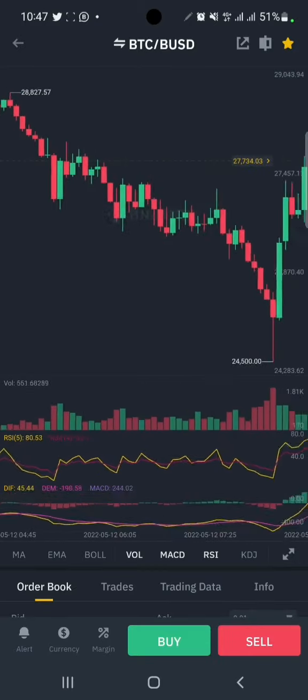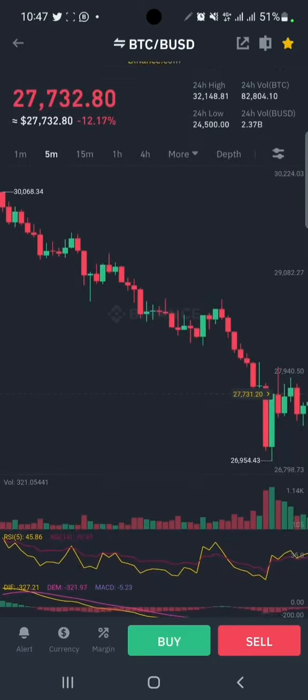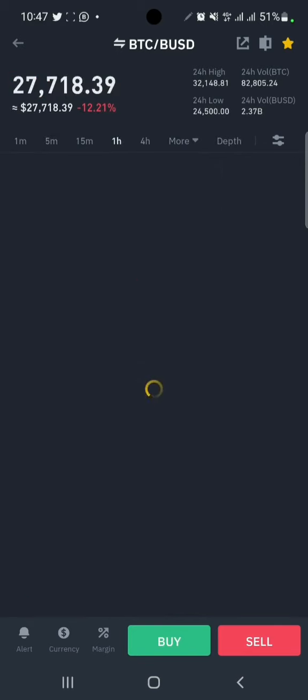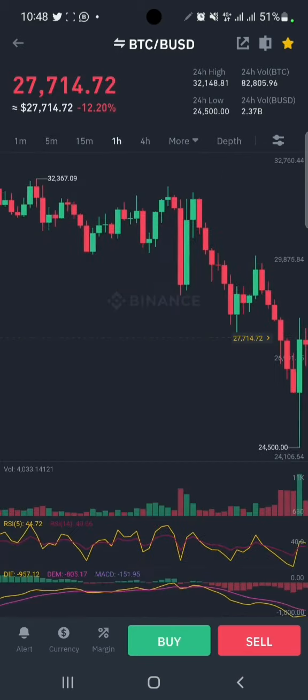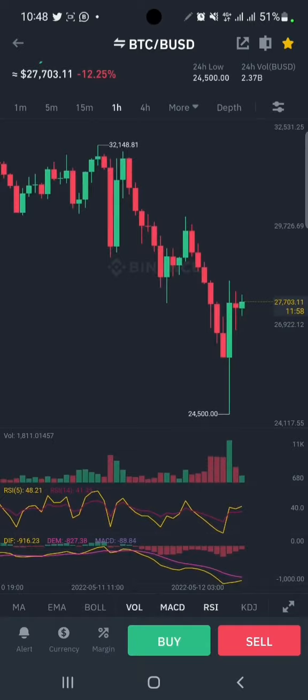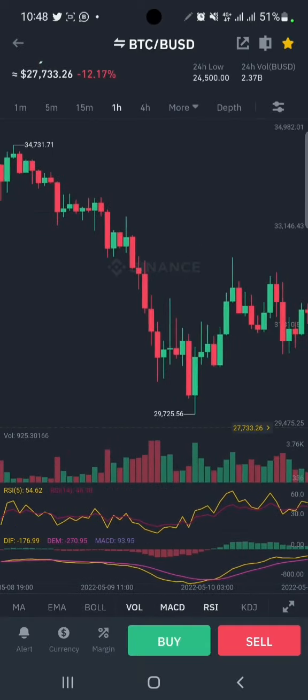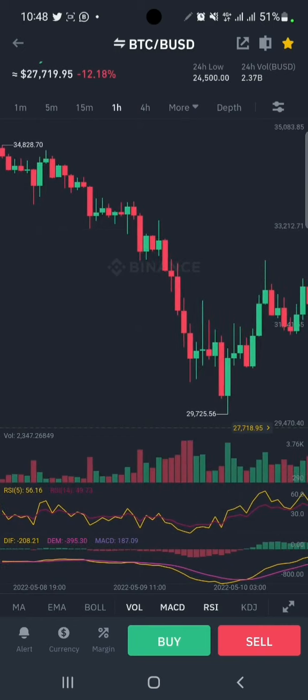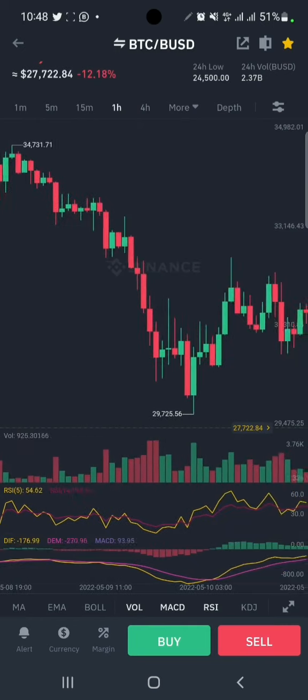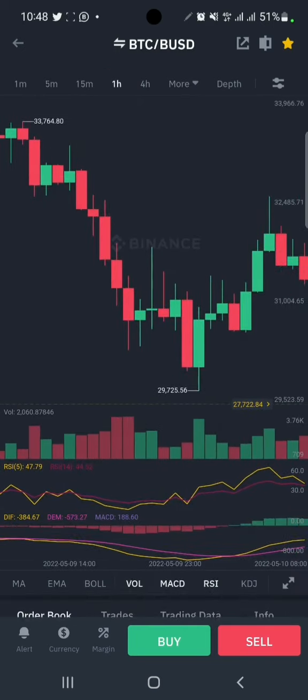But when we look at other parts, let's go to a different time frame, maybe the 1 hour time frame, and we can see a couple of things going on here with the MACD. We can see this downtrend. The price of Bitcoin came down and then got to this point.